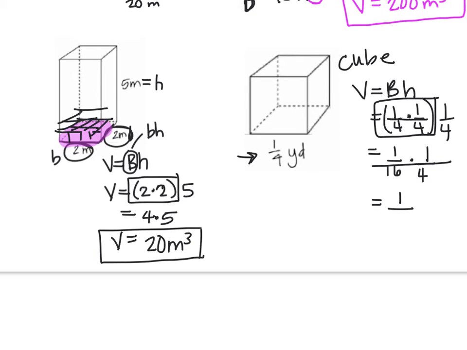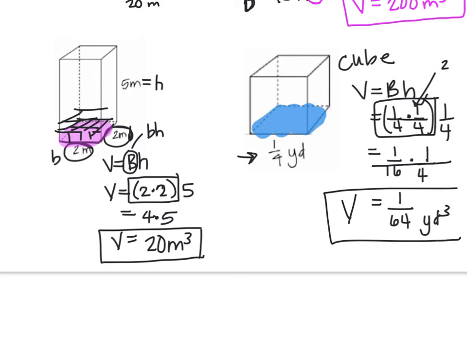Love that. 16 times 4 would be 64. And so it would be yards cubed, because remember this guy right here is the squared, it's the base part. So our volume is equal to 1/64 yards cubed.